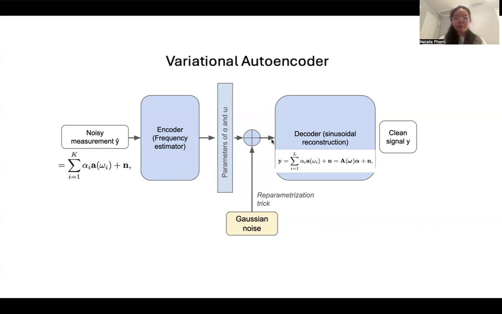Once we can sample from the distribution of alpha and omega, we use those samples to reconstruct the measurement Y using this decoder, which is just a simple sinusoidal reconstruction, to get back the clean signal Y.